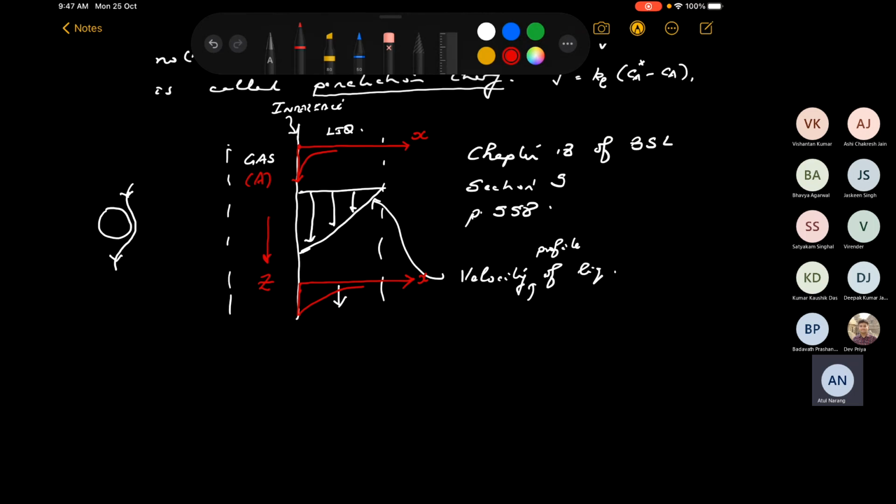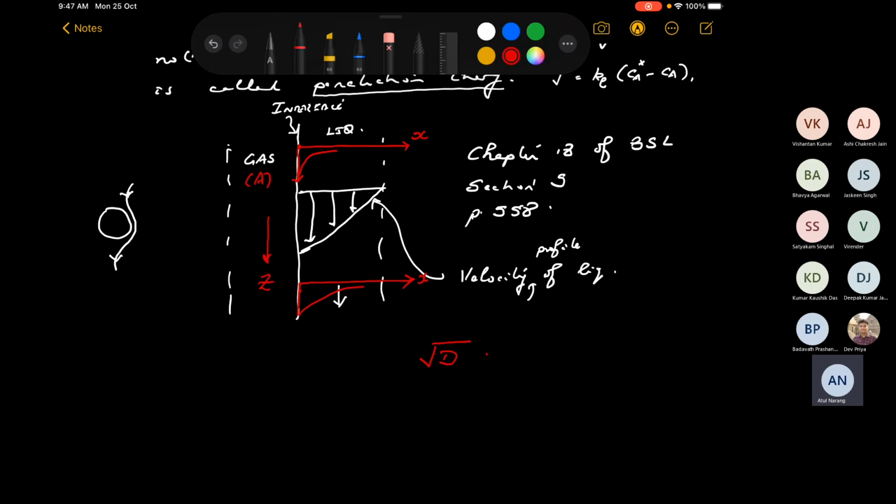The important difference is that in the penetration theory you get a dependence not on the diffusion coefficient, but on the square root of the diffusion coefficient. That turns out to play an important role in some aspects.